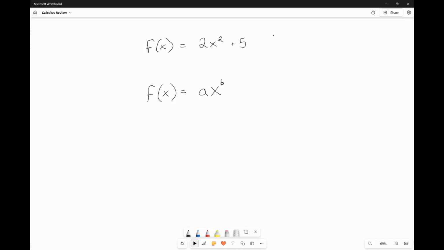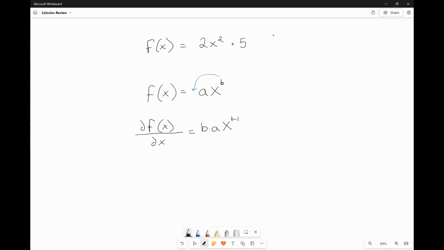If you have a function that is formatted like this, the derivative of that function with respect to x will always be equal to this: B times A, so the exponent comes down, and then you have the variable, and then you have the exponent minus 1.